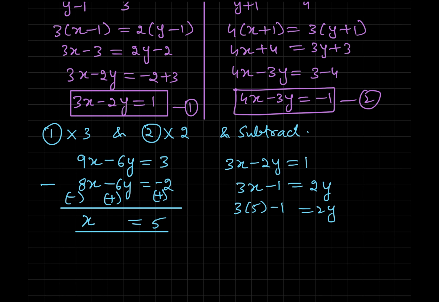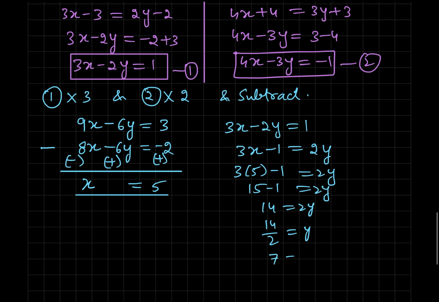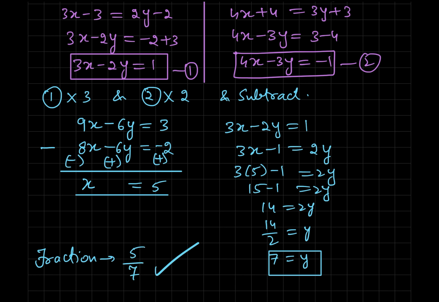So 15 minus 1 is 2y. So 14 is 2y. I can say 14 over 2 is y, or 7 is y. So this is how our fraction would be. The fraction will be x over y. The fraction is 5 over 7. This is our answer. Understood?